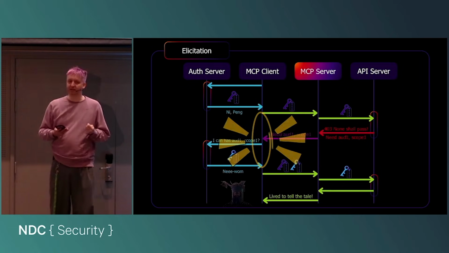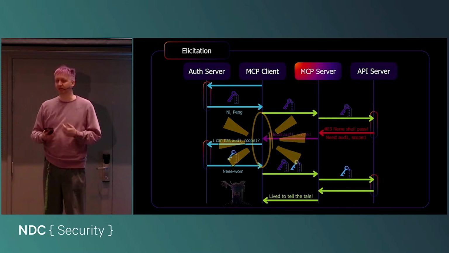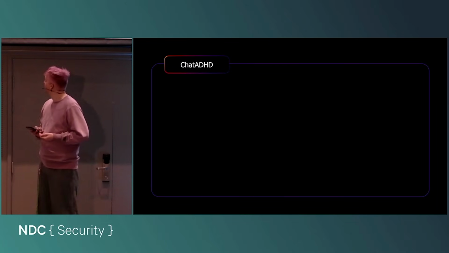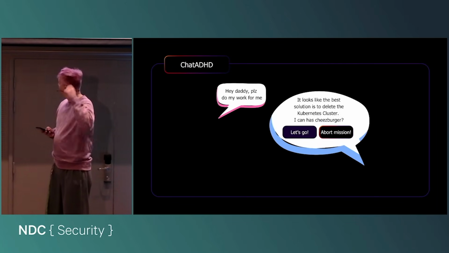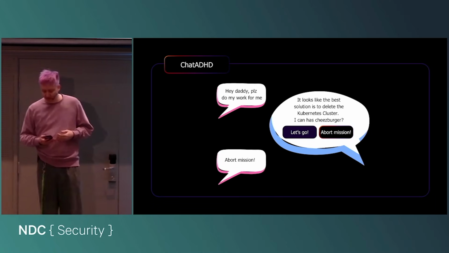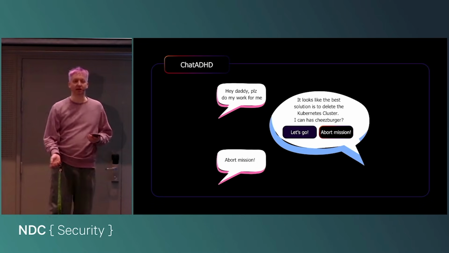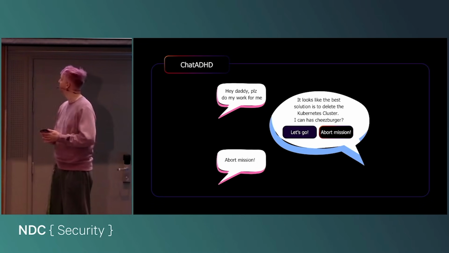Because here we get to the point where we are going to ask the user if it's okay to do this or not. So you have this talk with the bot, you get the questions back. Okay, I want to do this. Is that okay? Can we perform this action?